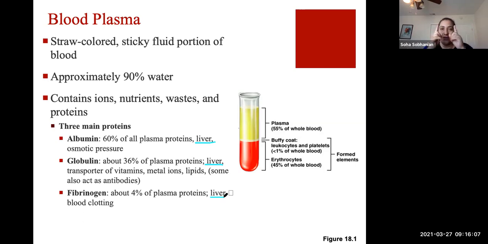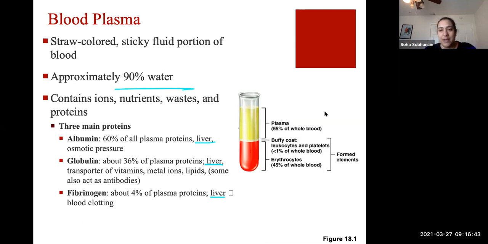Okay? So I'm going to repeat this: if the water that's inside the plasma, that 90% of water that we're talking about here, leaks out of your blood, it goes into the tissue, it causes the tissue to swell up, and as a result, causes a condition called edema. So when you're talking about osmotic pressure here, what this 60% protein albumin is doing is making sure the water stays inside the blood vessels and doesn't leak into the tissue.